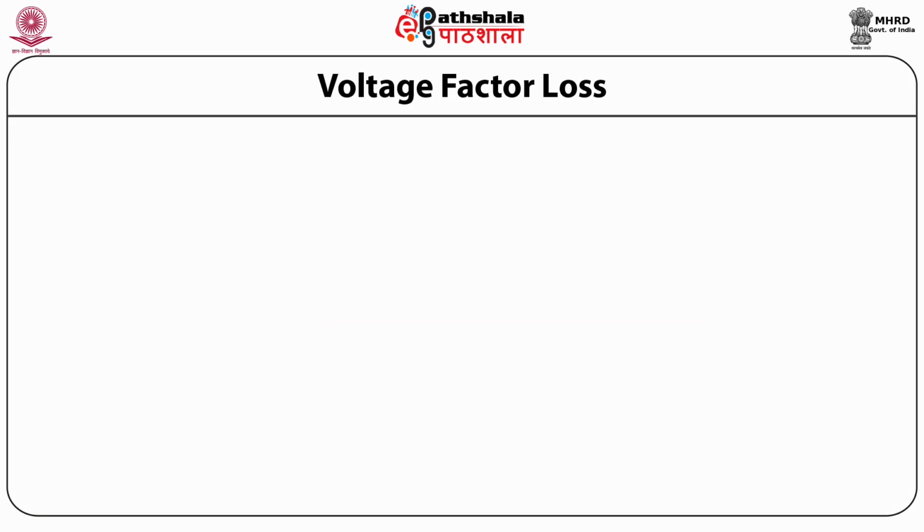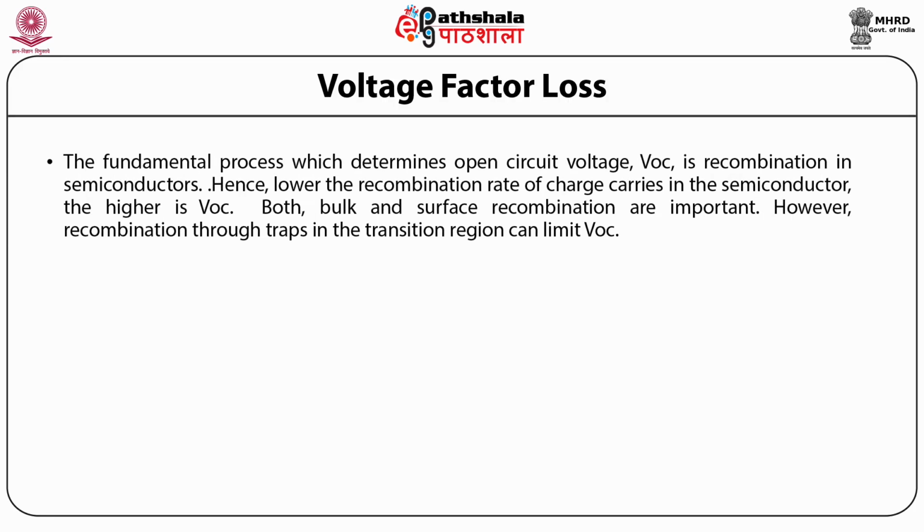Another reason for the efficiency loss which we are going to study is the voltage factor loss. The fundamental process which determines the open circuit voltage VOC is recombination in semiconductors.